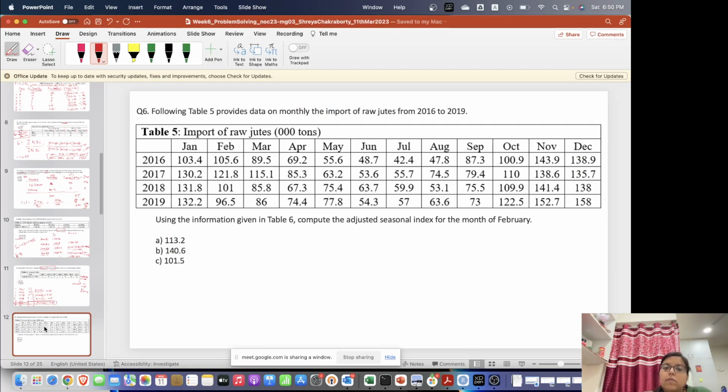The following table provides data on monthly import of raw jutes from 2016 to 2019. So given the information, compute the adjusted seasonal index for the month of February.